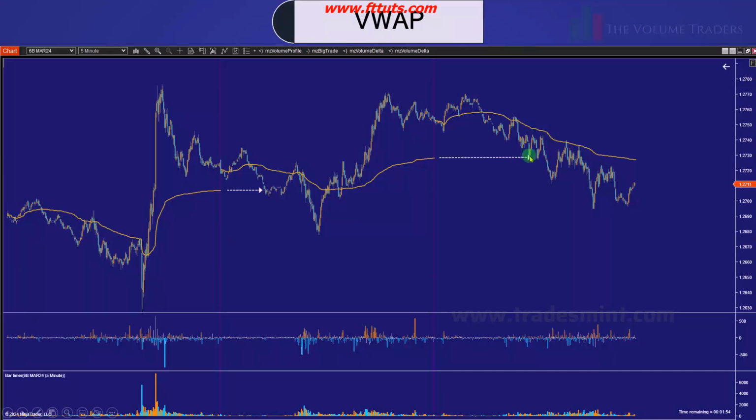So if someone took a long here, it could miss his TP and maybe close the trade at break even. Or if someone was waiting for a sell from the VWAP, he could miss the opportunity.